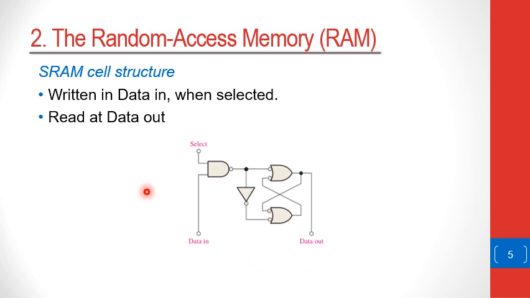So the data is written first by enabling the select line. So the select line is held high, and then whatever data is on the data input will go through into the latch, and the data is read out through data out by simply reading the bit that's on data out.